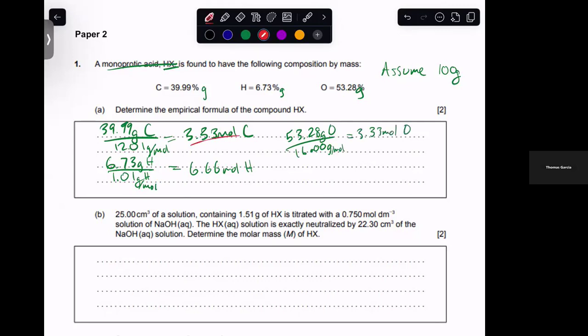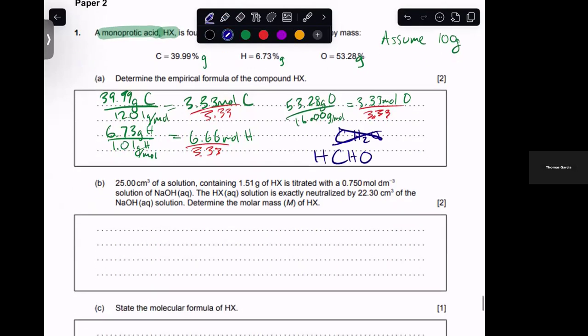When I divide these all by the lowest value, I find that I have 1 carbon, 1 oxygen, and 2 hydrogen. So you might be inclined to write CH2O, but that is incorrect because they said this is a monoprotic acid, monoprotic HX. That means we have 1 H in front, then our acid, so HCHO.